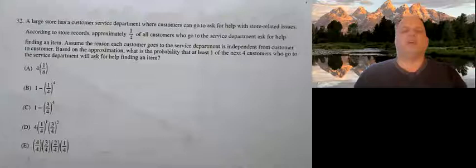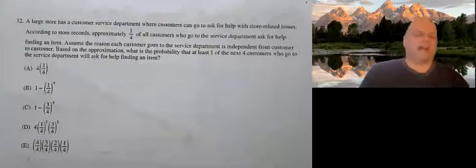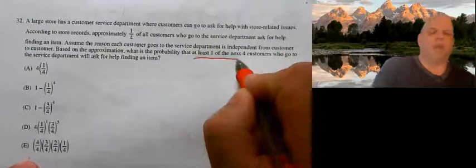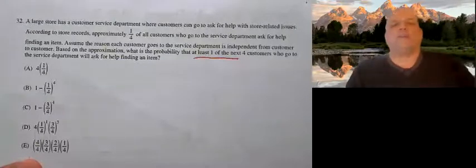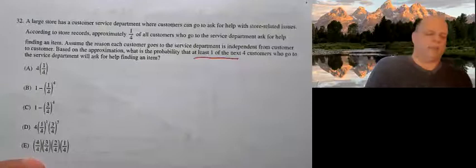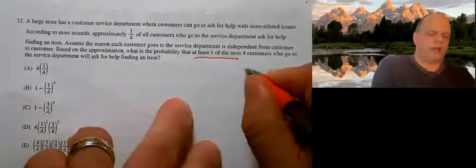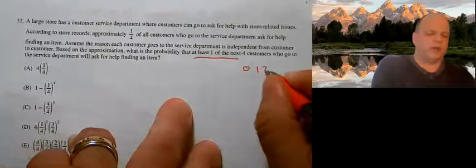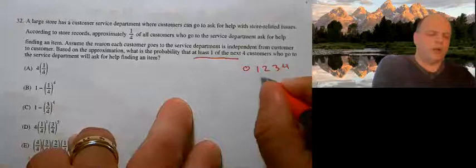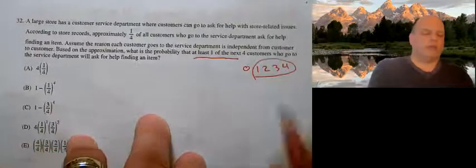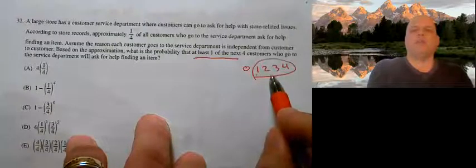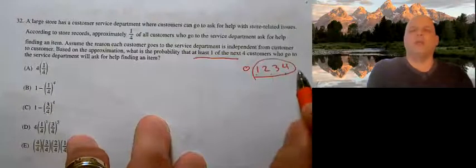Based on the approximation, what is the probability that at least one of the next 4 customers who go to the service department will ask for help in finding an item? So basically we could have 0 ask for help, 1, 2, 3, or 4. But they're saying at least 1.